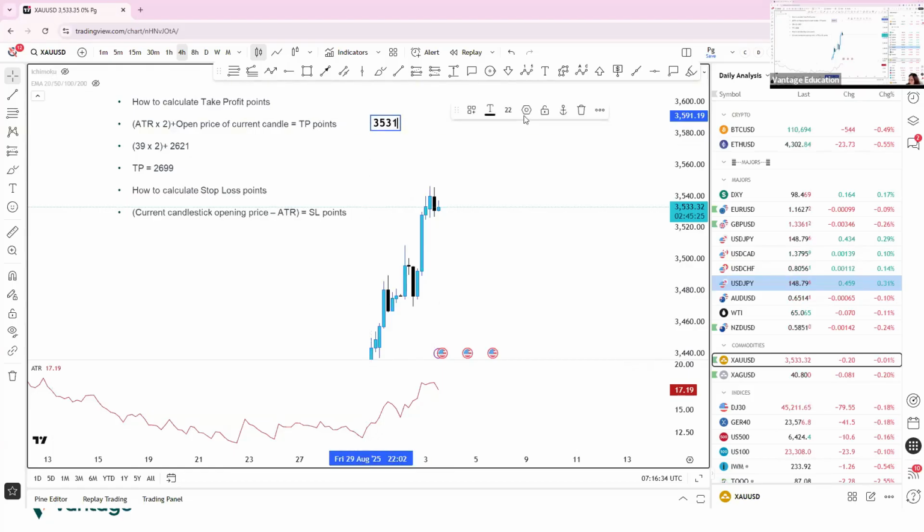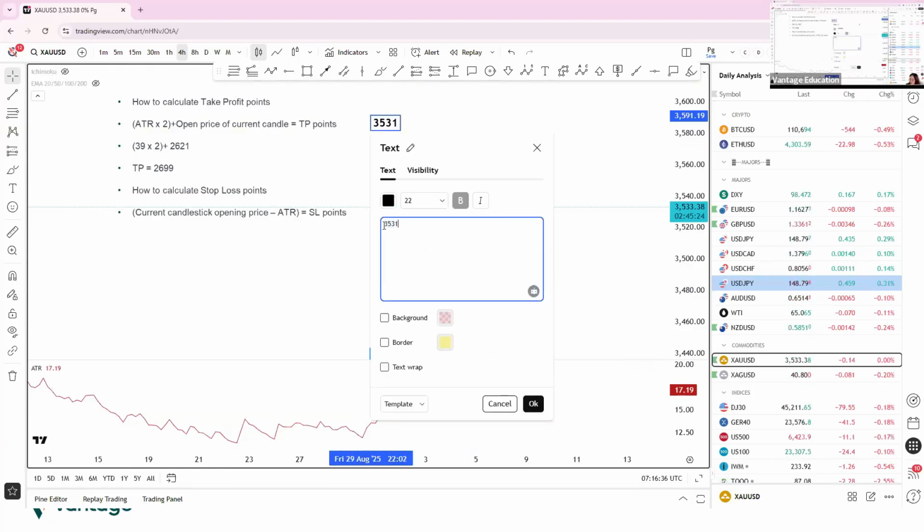So for profit taking, you can put 1 ATR, 2 ATR, or 1.5 ATR, it's up to you. In this case, it's easier to just take 1 ATR, which equals 18.